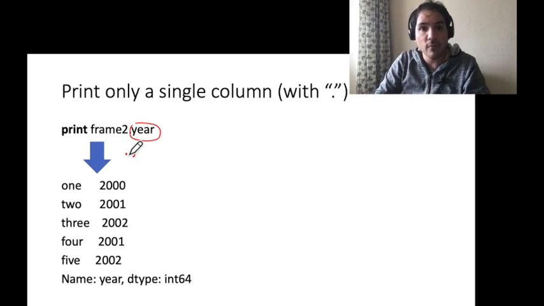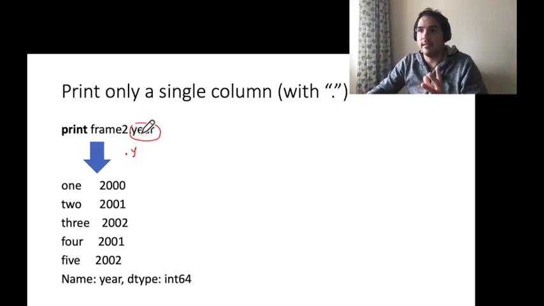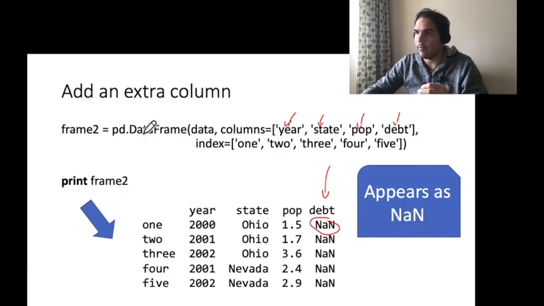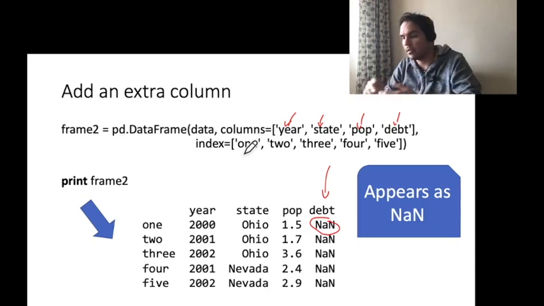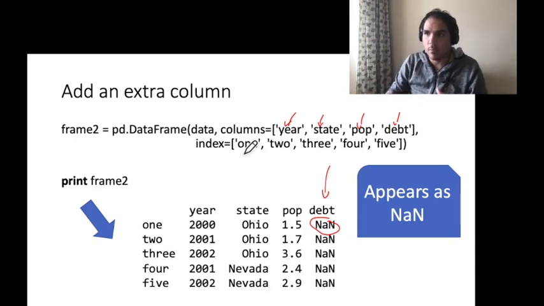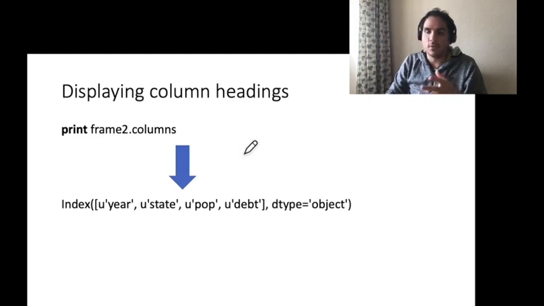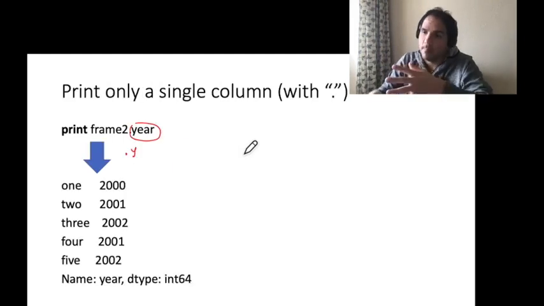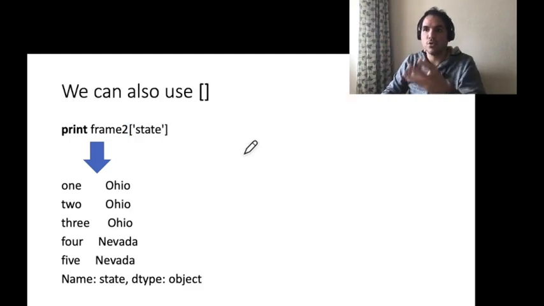But you have to be careful with the dot notation. Why? Because this name is just a string, and sometimes we have spaces, or particular symbols that are not very nice for the dot operator. So this is one way, but I strongly recommend using this other way to access your columns.